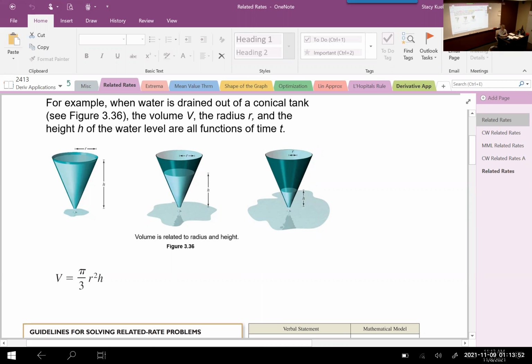I don't know if you all remember the volume formula for a cone. So most solid figures, when you're talking about the volume of them, for a cylinder, let's say, think about a cylinder. It would be the area of a circle, and then you're just going to stack that circle on top of each other to fill itself up to the height, right?